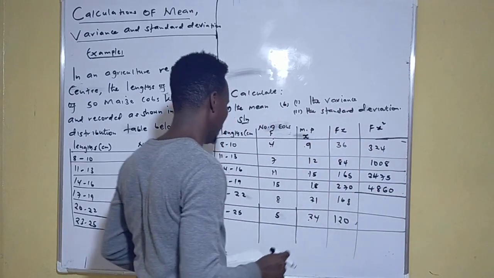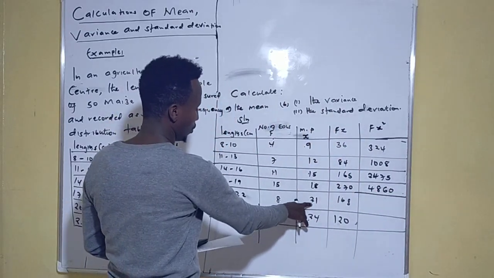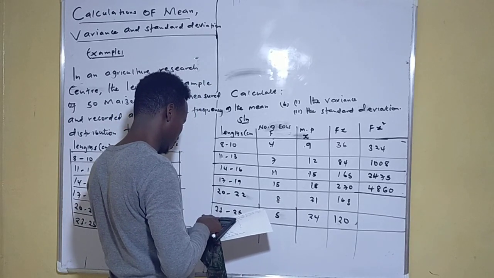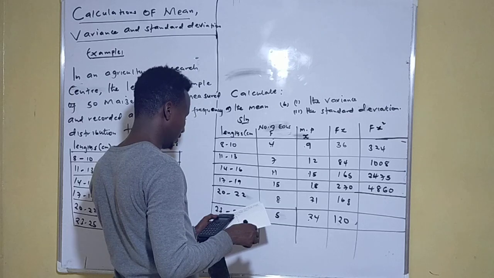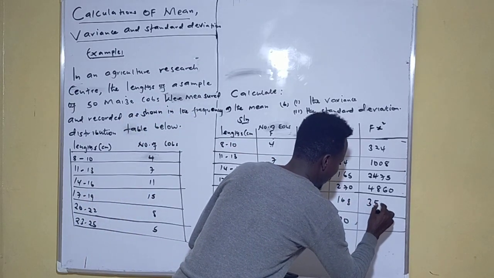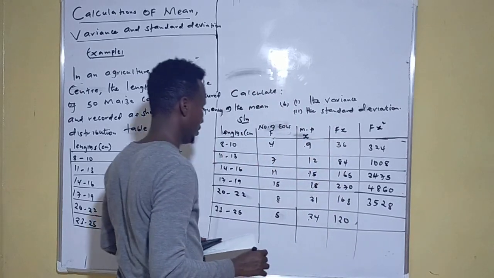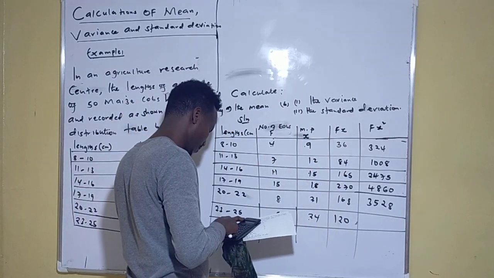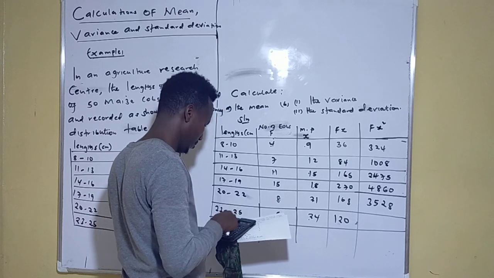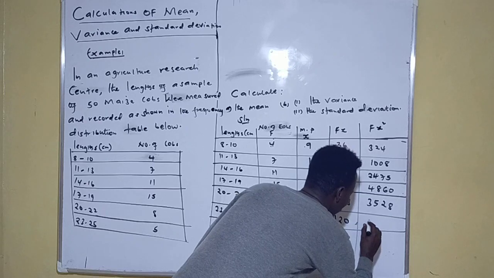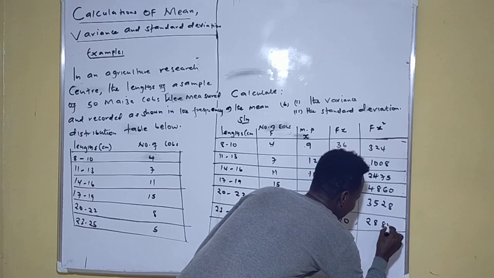Then we will have 21 squared times 8. That is 3528. Then we will have 24 squared, which is 576. 576 times 5 will give us 2880.